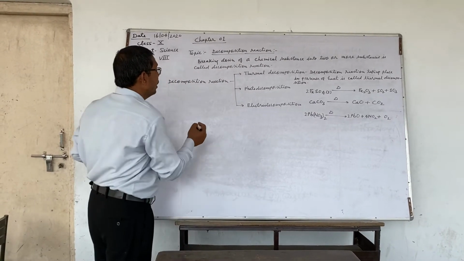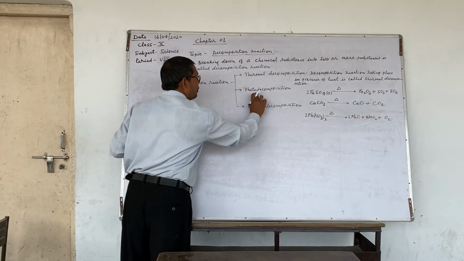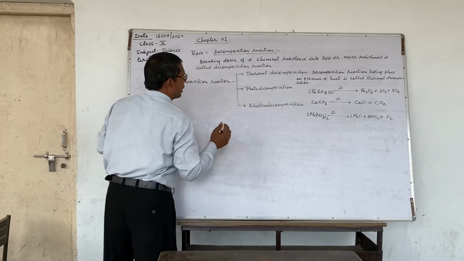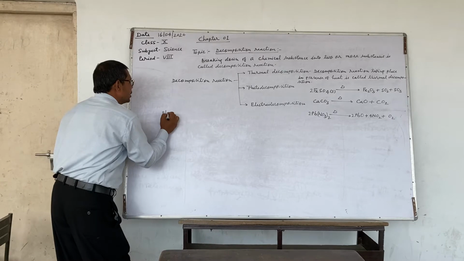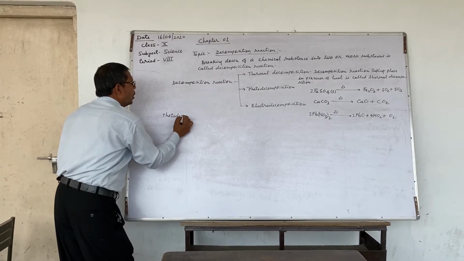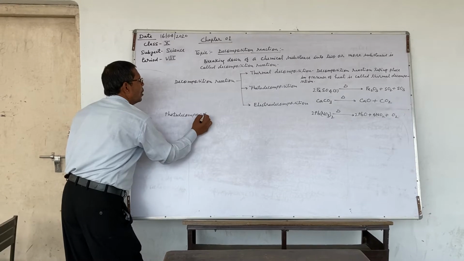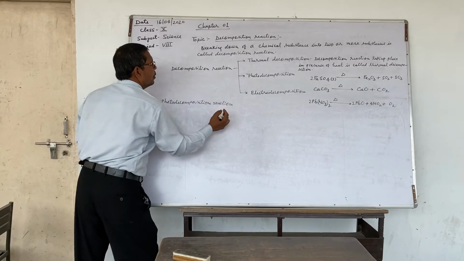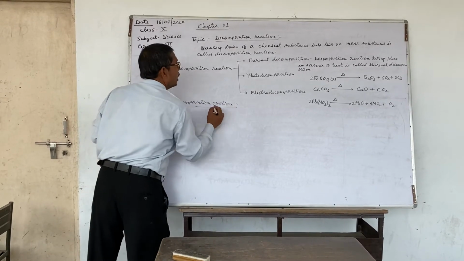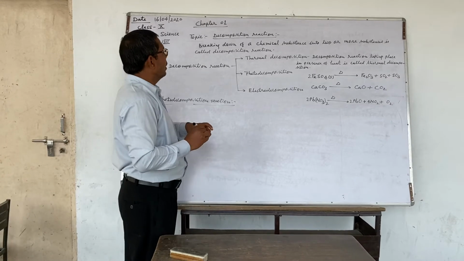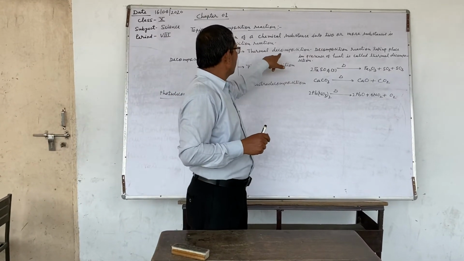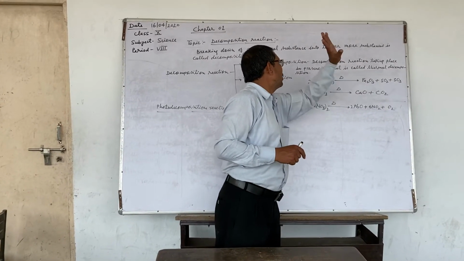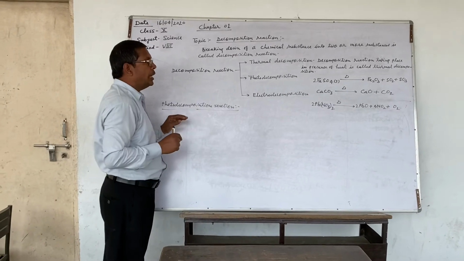Take another type of decomposition reaction, that is photo decomposition reaction. Here you have defined that a decomposition reaction taking place in presence of heat is called thermal decomposition. In case of photo decomposition, what?